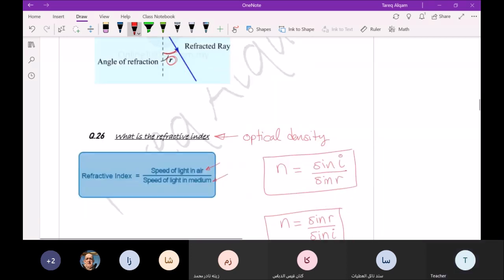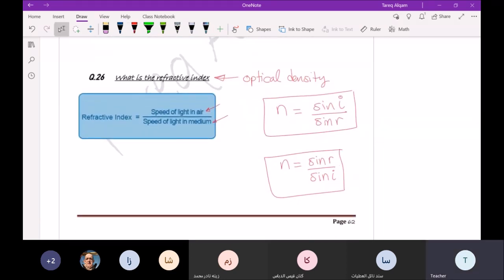Okay? So, when can I use this, guys? I can use this if the light travels from a less dense medium to a denser medium.